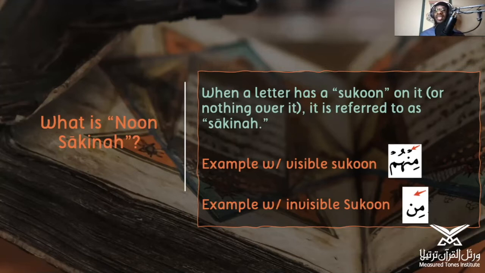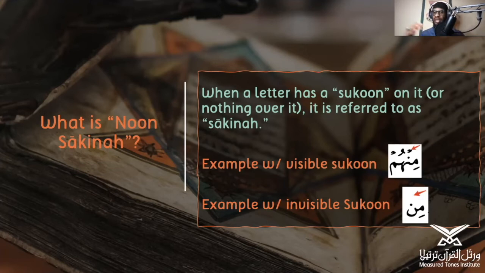So if we see a letter that has nothing over it at all, that letter is sakina, right? And we see this a lot in the Quran, and it's intentional as well. It's not haphazard. It's all part of a system, right? That was created to help us identify the rules of tajweed in the script of the Quran.